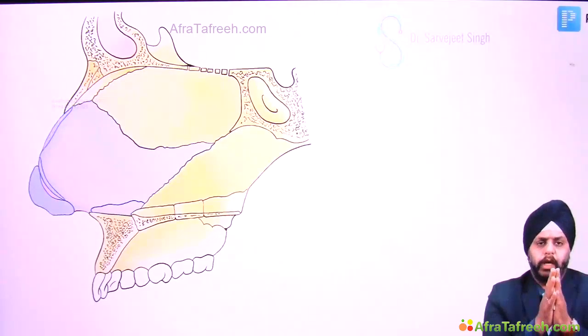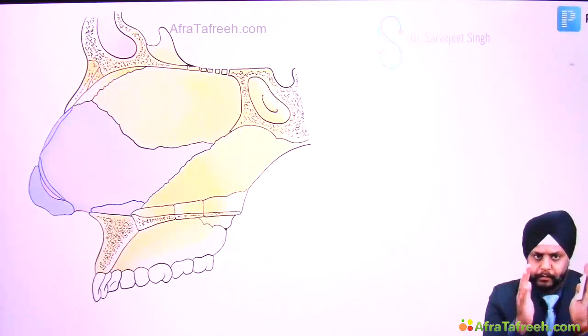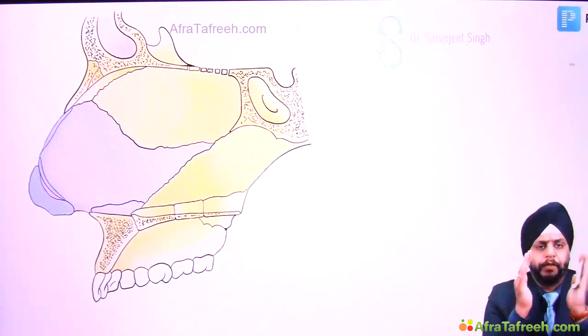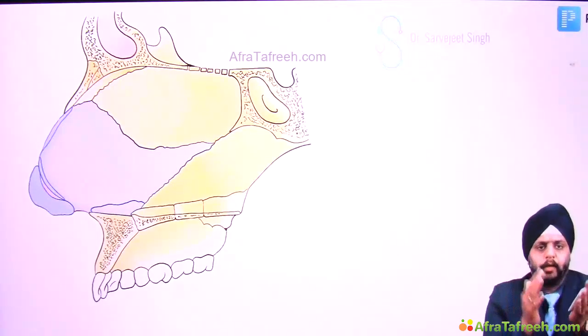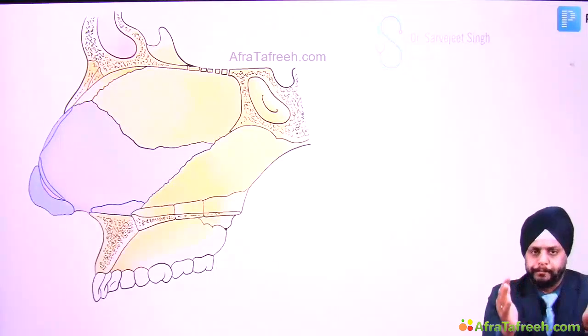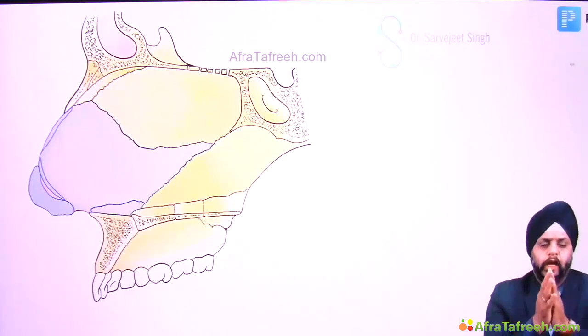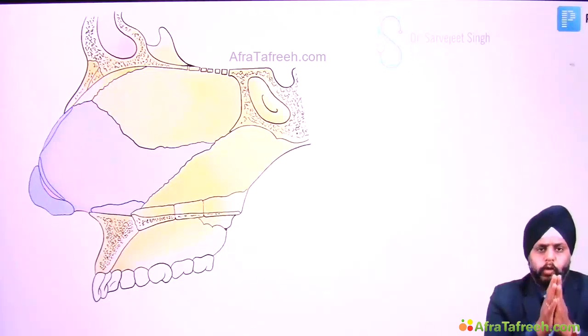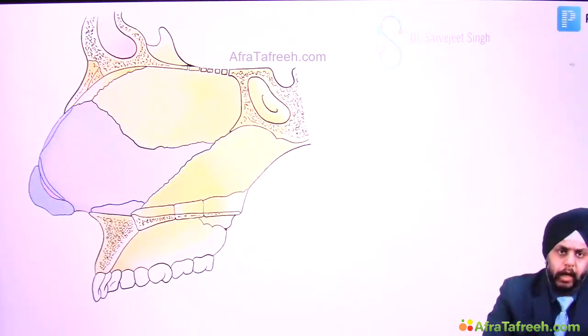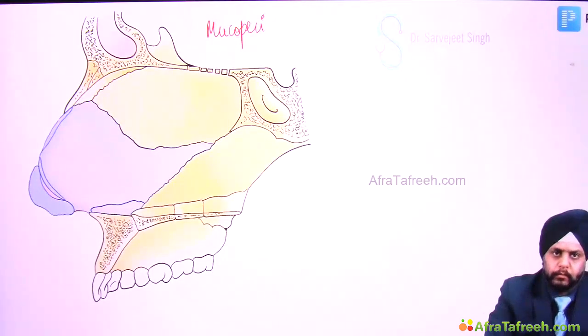Similar to mucoperichondrium, the bone is covered by periosteum, and on the periosteum we have the mucosa. So the bone is also covered by mucoperiosteum. So we have a layer of mucoperichondrium and mucoperiosteum on both sides of the septum.